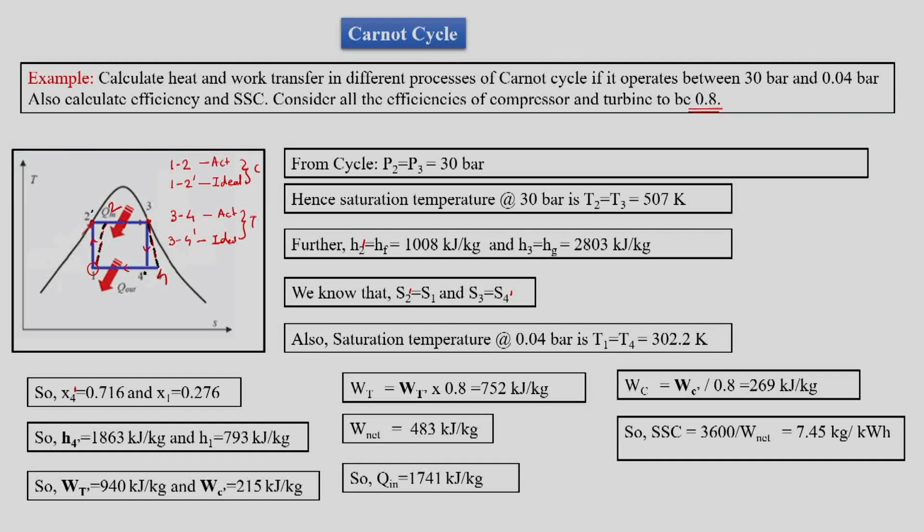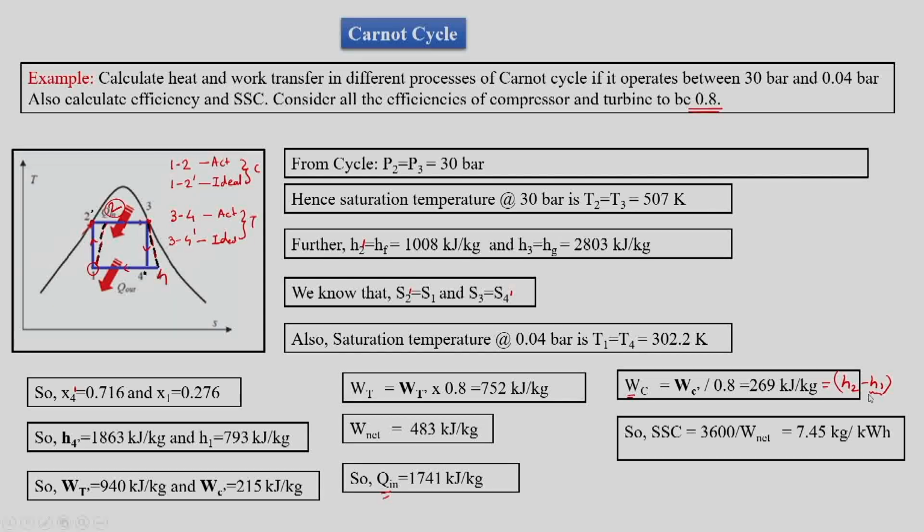Only one thing to be noted over here, that we did not know H2, which is the enthalpy required for calculation of Qin, but we can find it from the actual work of the compressor. So the actual work of the compressor is 269 kilojoule per kg, which is equal to H2 minus H1.